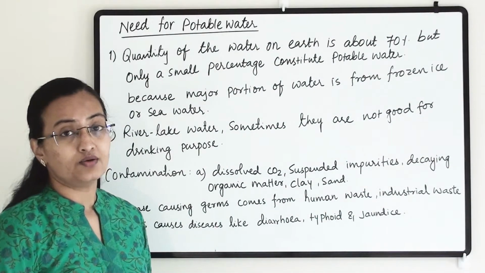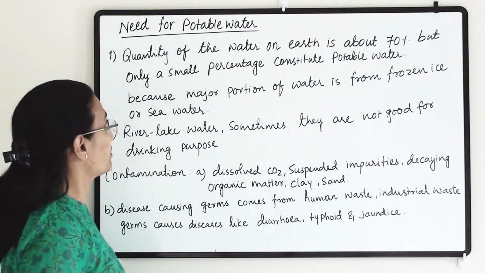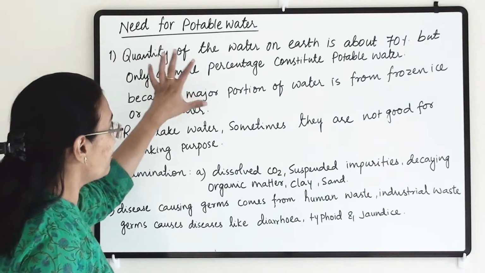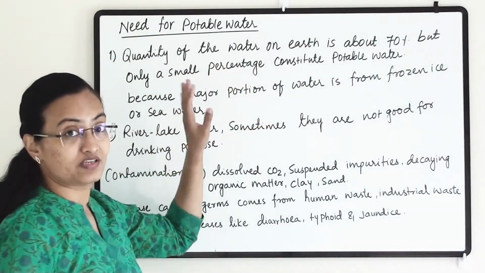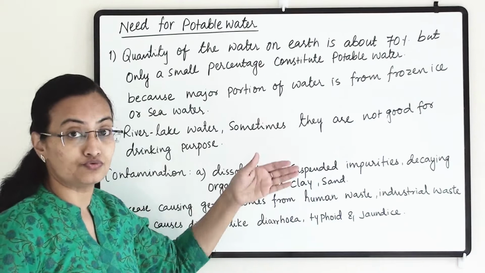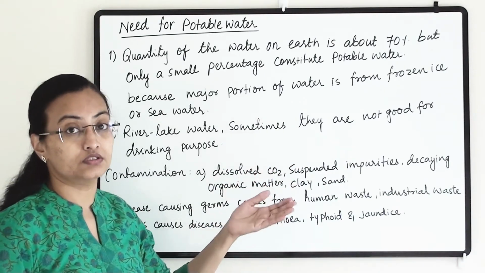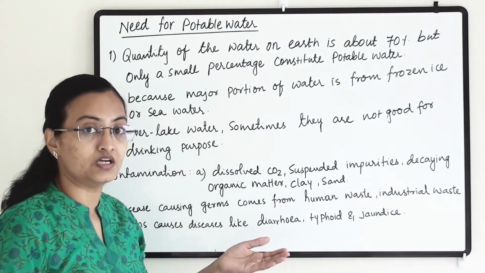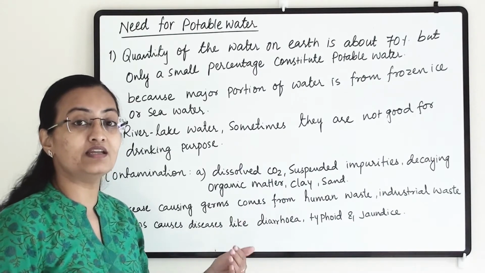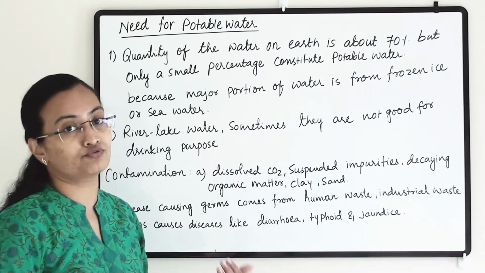Now let us understand the need for potable water. The quantity of water on the earth is about 70%, and that is very huge. This surface water is in huge quantity, but it is mainly a part of the sea or frozen ice.